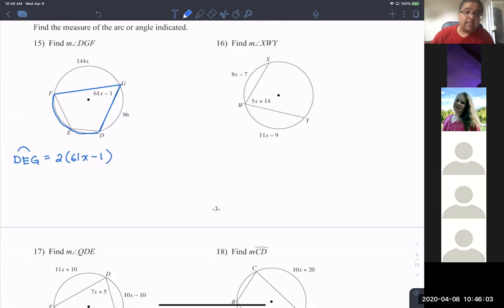Now, if DEG, let's go ahead and distribute it, is 122x minus 2, and DG is 96, and GF is 144x, what is the expression that I can write?